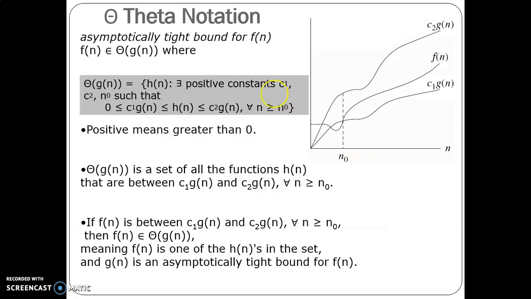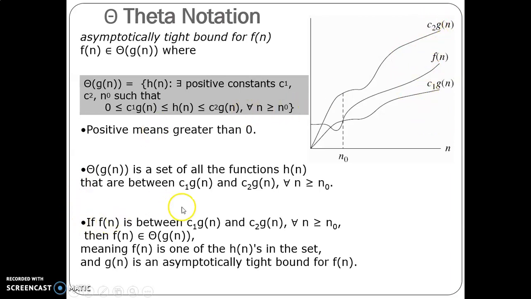And then we have the theta notation. Theta notation is a tight bound which binds f of n on both the sides. There is a C1 of Gn which binds on the lower side, and there is a C2 of Gn which binds on the higher side. The Gn function is going to remain the same for both the sides. Only the constants C1 and C2 are going to change.